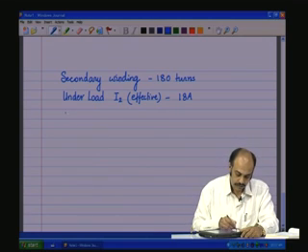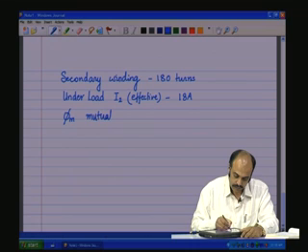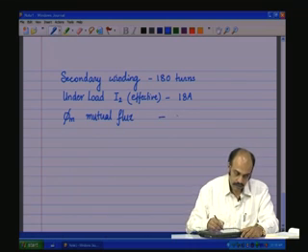The phi m, which is the mutual flux, is 20 milliwebers.